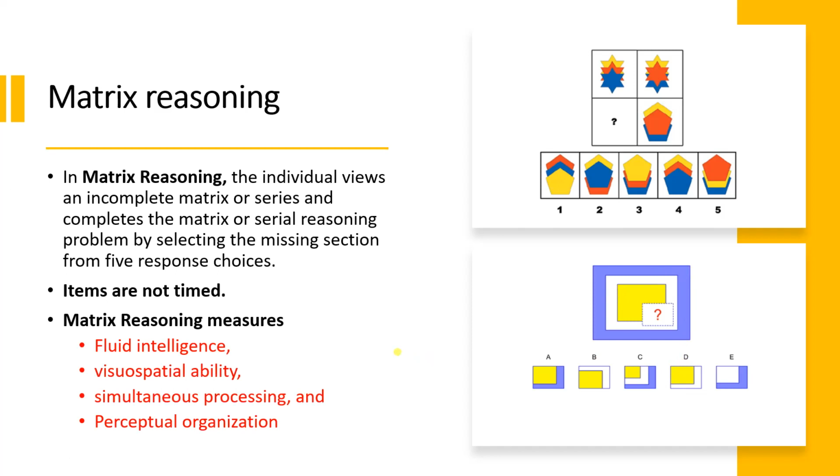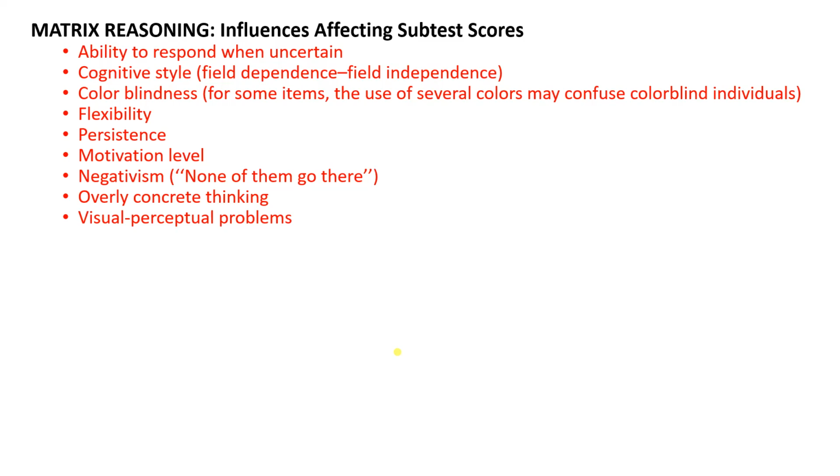So, any lowered or depressed score on this subtest will reflect an impairment of these cognitive abilities. However, there are a lot of factors that can influence the performance on this subtest. For example, ability to respond in situations of uncertainty, those who are better in the ability to respond in uncertainty are likely to perform better.